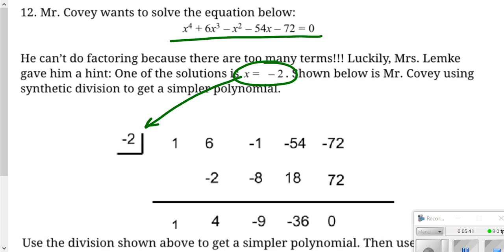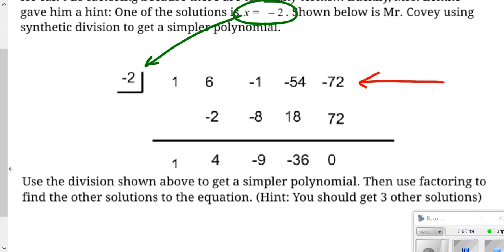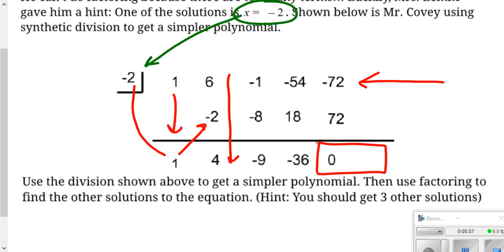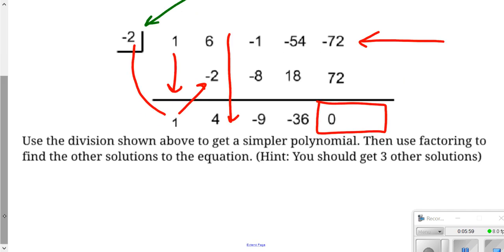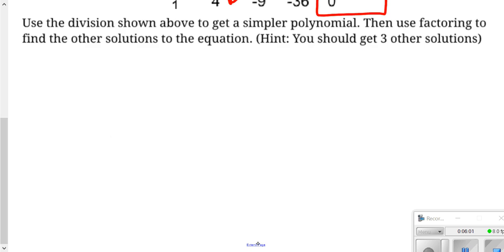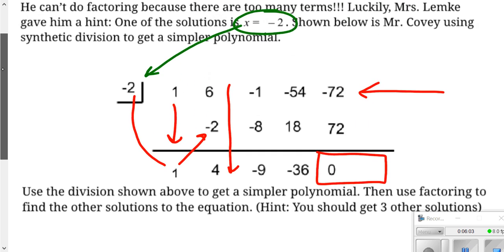And then he reads the coefficients off of here, puts them in this line, and does synthetic division, right? Bring down the first number, multiply, put the answer here, add, right? All that. This is the remainder. So we're going to use this result to continue our factoring.